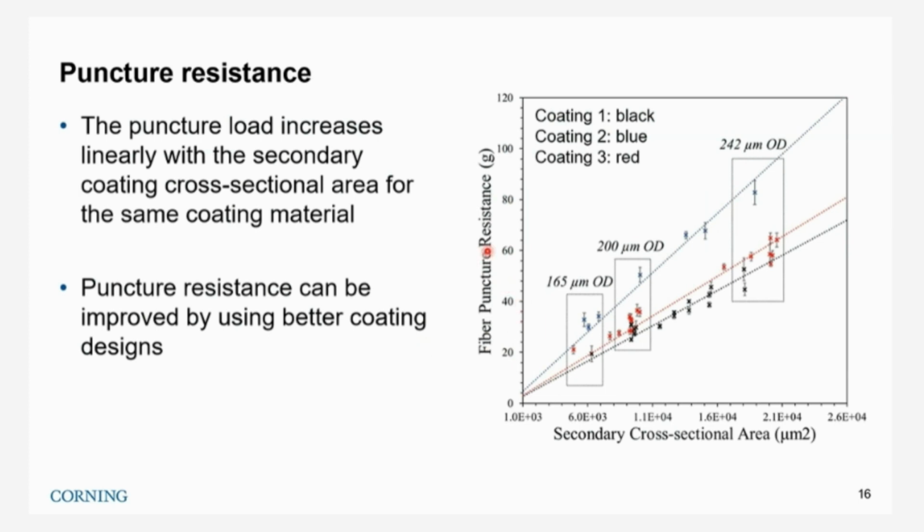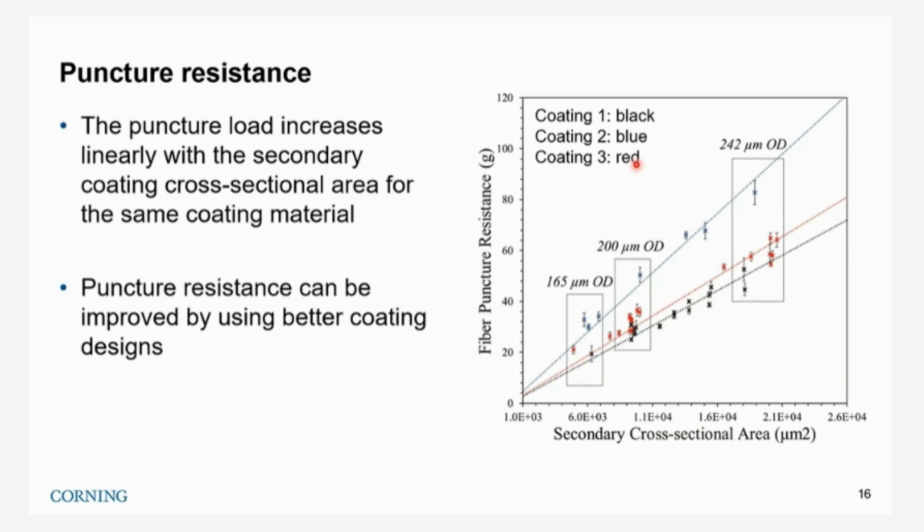For the puncture resistance, we tested different fiber diameters and different coating diameters. Basically the puncture resistance scales with the secondary coating cross-sectional area. For each given type of coating, it's basically a straight line when you increase the secondary coating cross-section, but different materials can have a different slope.